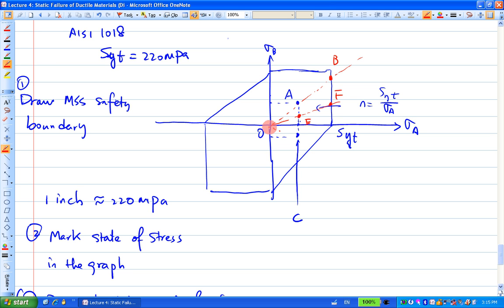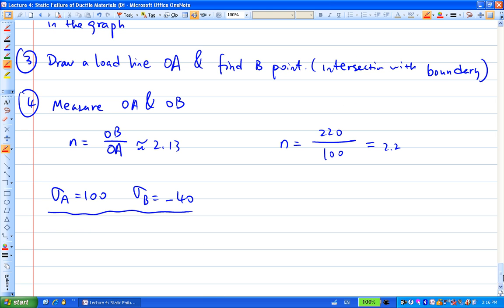We draw the load line connecting OC, and that'll be the D point. So for this particular case, your safety factor will be OD over OC.